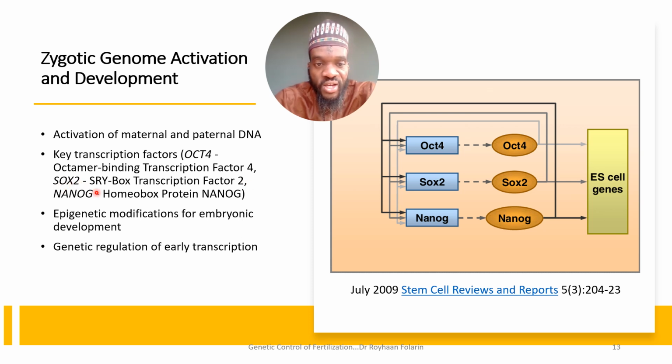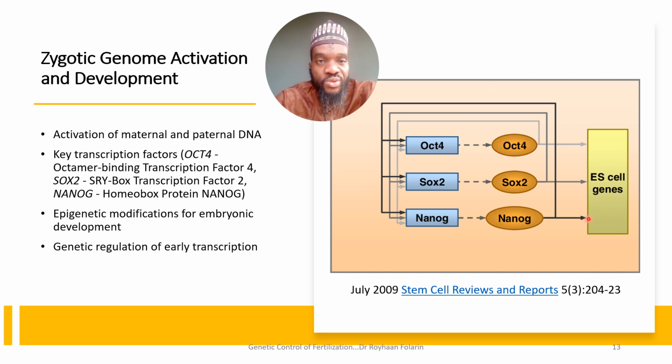So SOX, you also have NANOG, which is the homeobox protein NANOG. So you have all of these coming together to initiate the activation and also regulate the activation of the embryonic genes. So here is an embryonic stem cell gene.